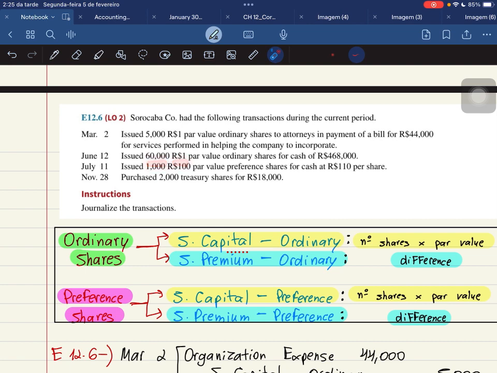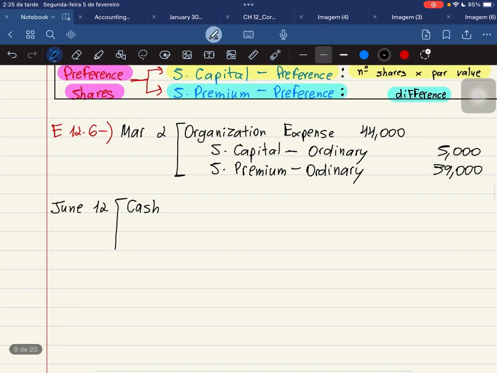This times this is going to give us 60,000 reais, right? So this is definitely not the same amount as this, so we're gonna have these two because we need that account to have the difference. So again, we are going to have both accounts here, and again we are issuing ordinary shares.